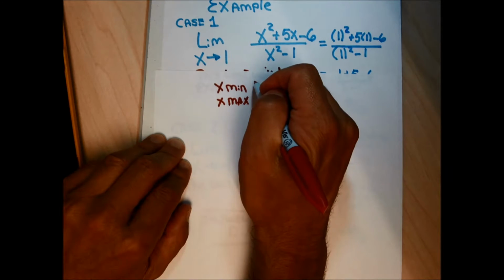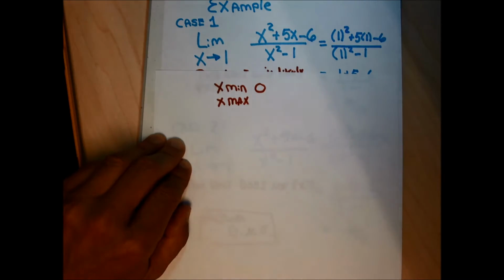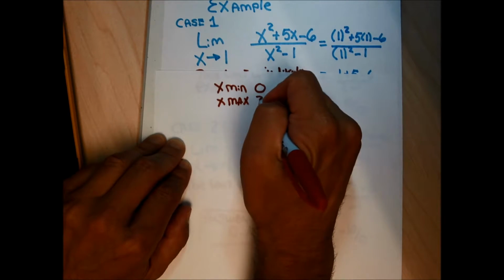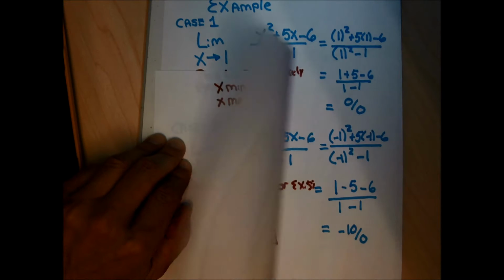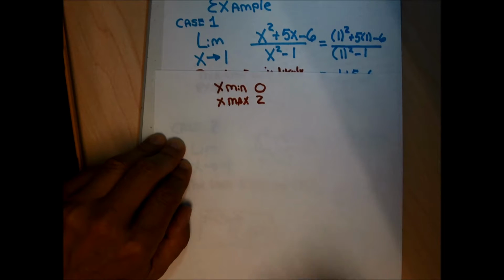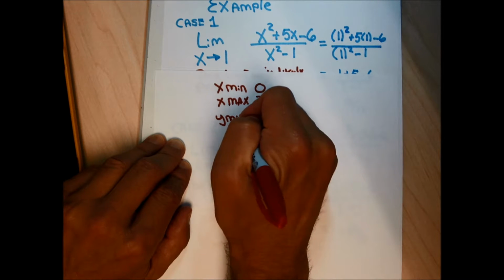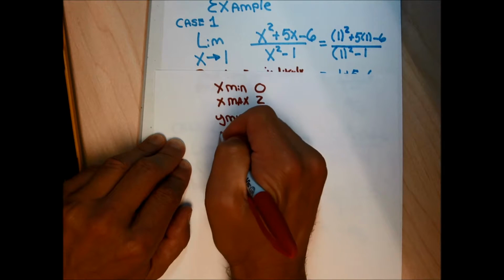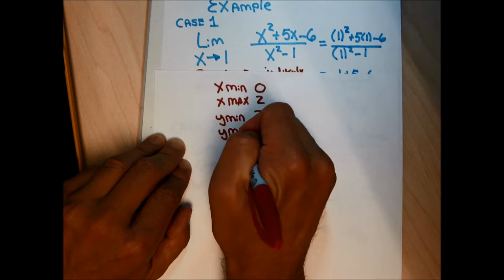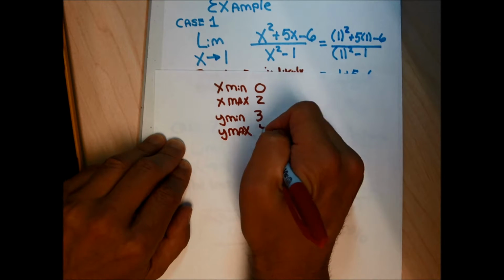So I'm going to make my x min less than 1, which is 0, my x max bigger than 1, which is 2. Since the limit is 3.5, I'm going to make my y min less than 3.5, which is 3, and my y max bigger than 3.5, which I'll do 4.